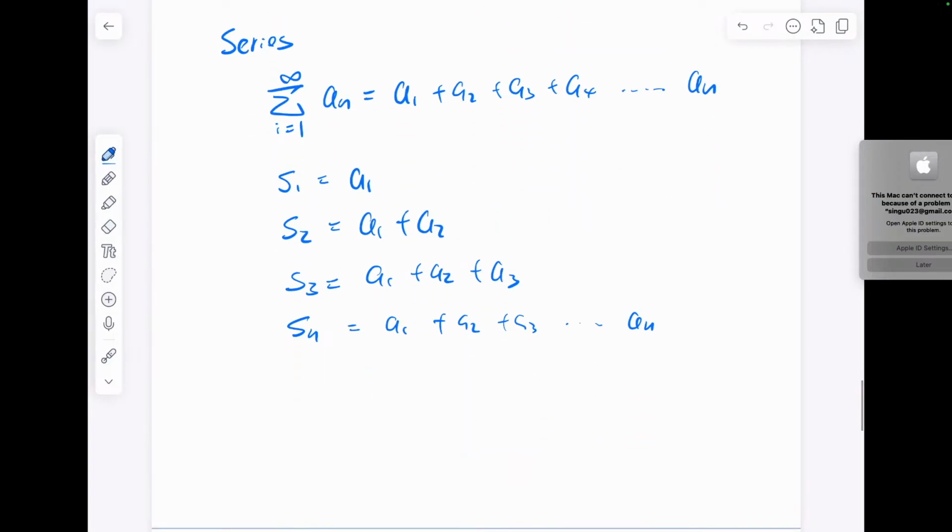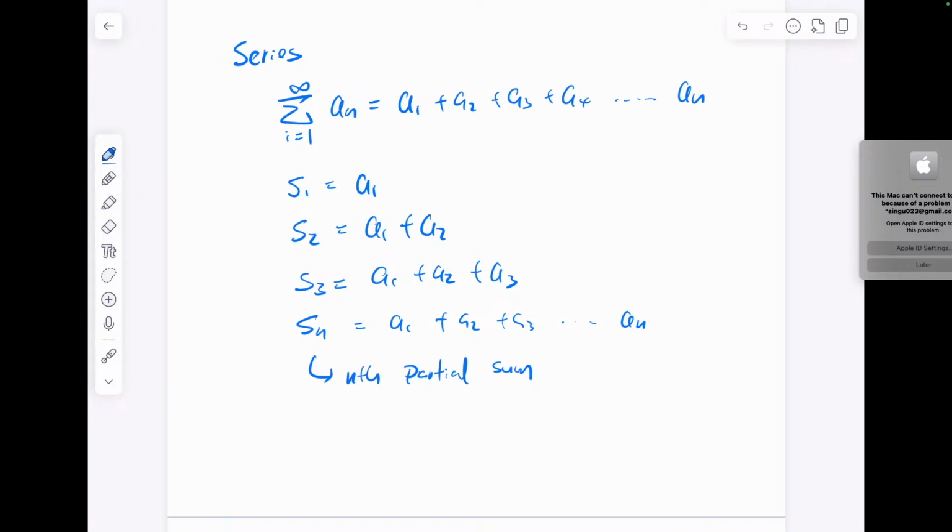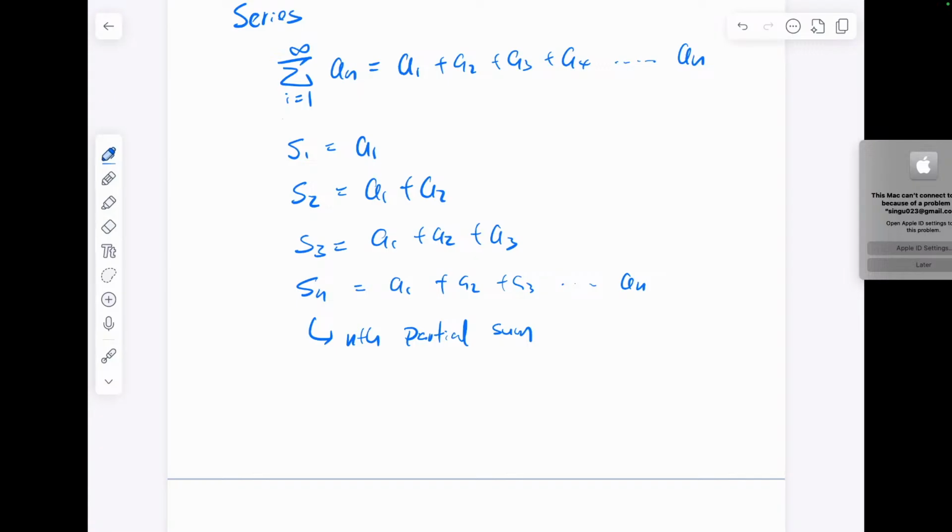This is called the nth partial sum. So this is an infinite series, and this is the nth partial sum.